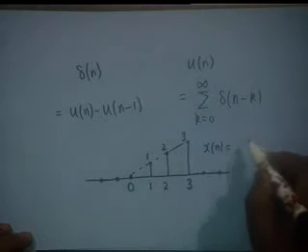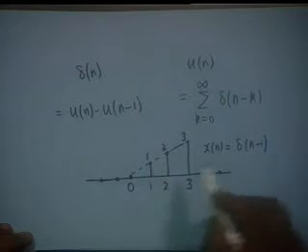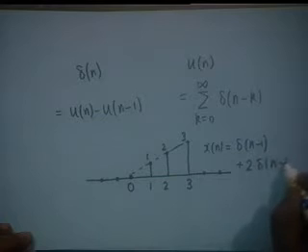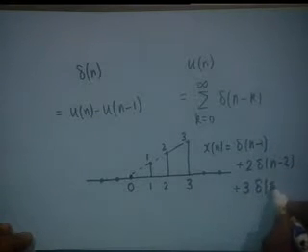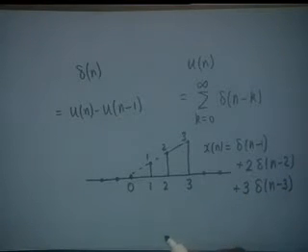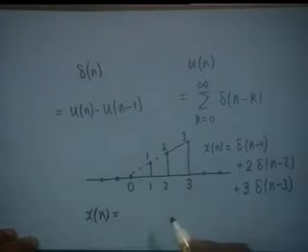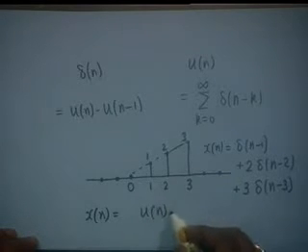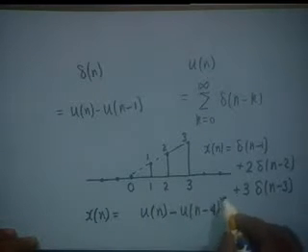But we can obviously write this as delta n minus 1 for this signal plus twice delta n minus 2, plus 3 delta n minus 3. So, we have expressed x of n in terms of deltas. X of n can also be expressed in terms of u of n as u of n minus u of n minus 4.